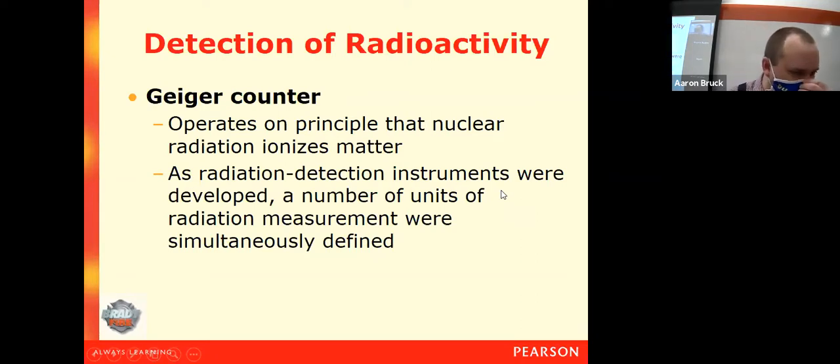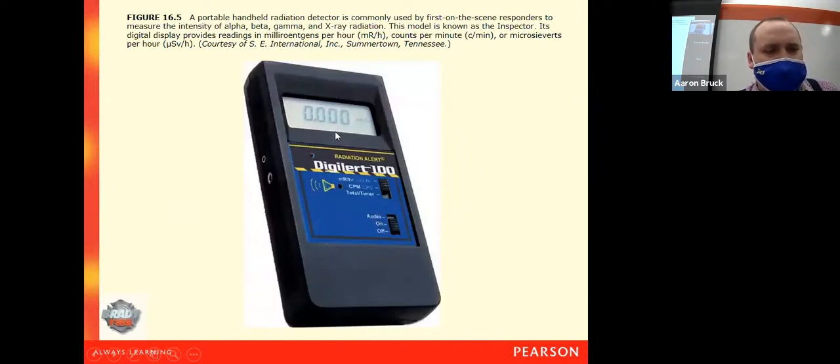So the Geiger counter is probably the most common detector out there. Yes, we talked about the dosimeters, but in most cases, if you're going to be looking for radiation, a Geiger counter is what you're going to be using. And this is what that Geiger counter looks like.